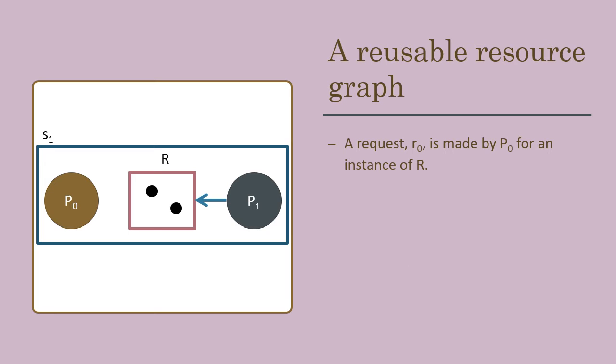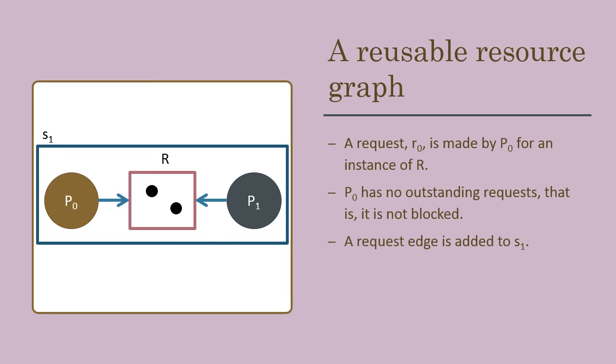A request R0 is made by P0 for an instance of R. P0 has no outstanding requests, that is, it is not blocked. A request edge is added to S1. The state of the system is S2.